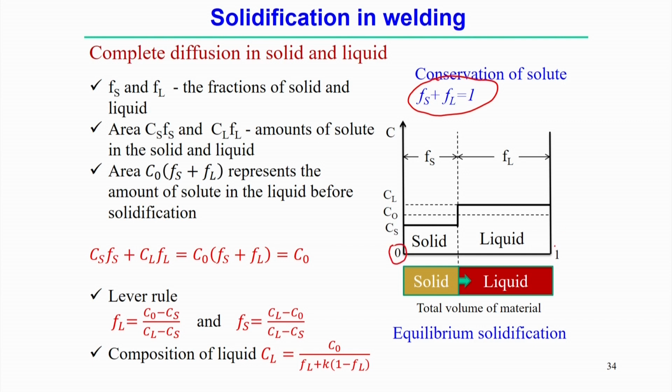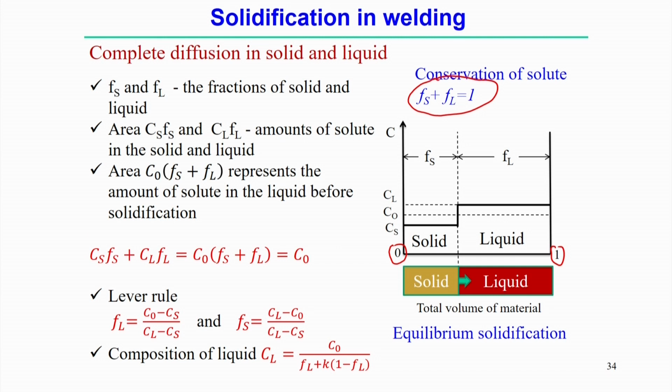If we look at the figure, the solid fraction and liquid fraction start from 0 and gradually increase to 1. There is a transformation as the solid grows from the liquid phase, and the solid phase is gradually consuming the liquid phase.